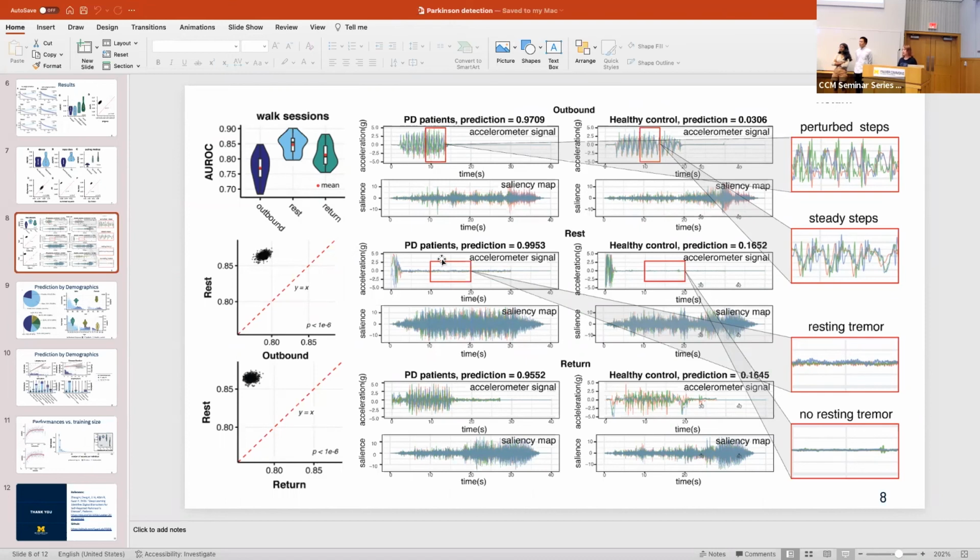Speed of walking. The resting tremors, or the resting phase in the walking, show more signal, because according to our model, there could be a data set bias or something.